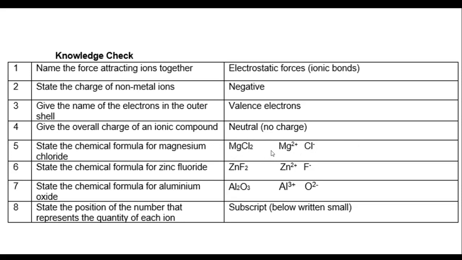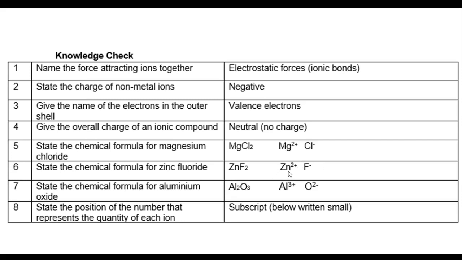So 2 chloride ions. For the chemical formula for zinc fluoride, we have Zn being zinc, and that ion is a 2+ charge ion. The fluoride ion is just a -1 charge.